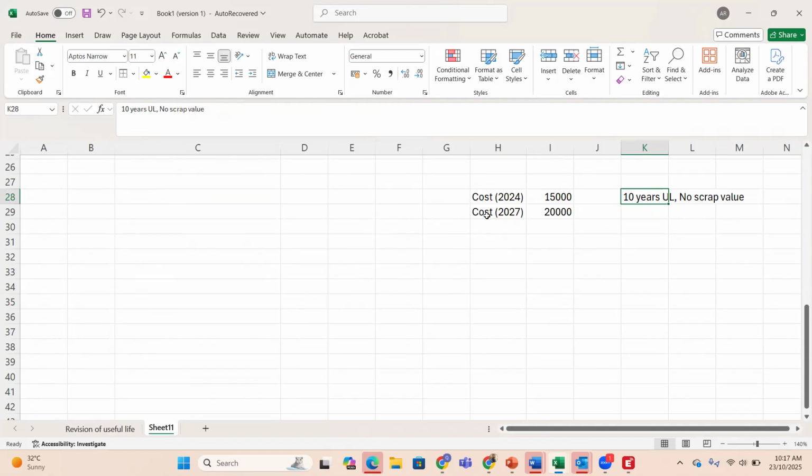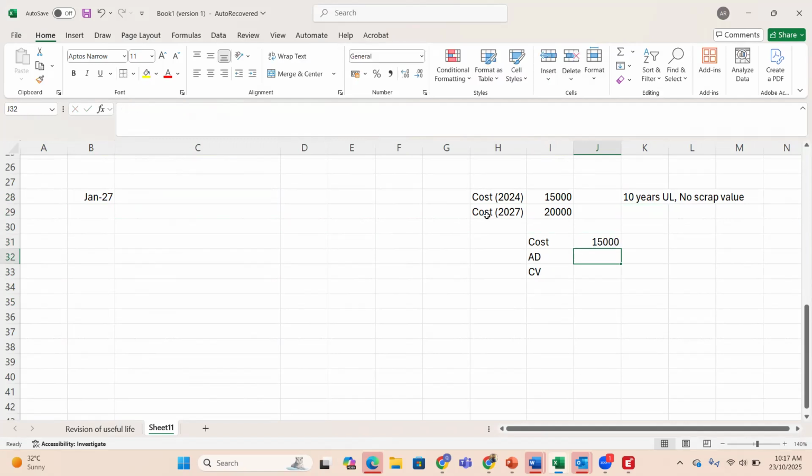Now you tell me what would be the entry that I will do in 2027. So Jan 27, what would be the entry that I do? For that, I have to find what? Exactly. We have to find the cost, accumulated depreciation and carrying value. Correct. So 24, I purchased it for 15,000.